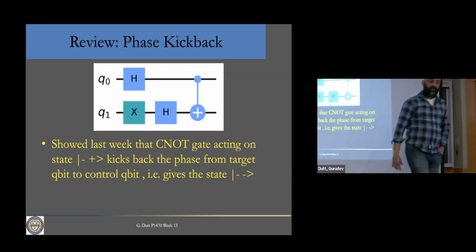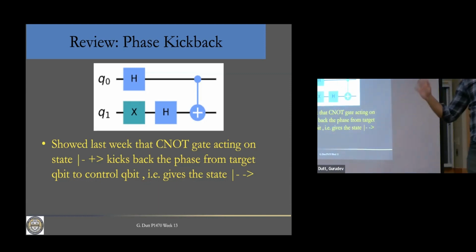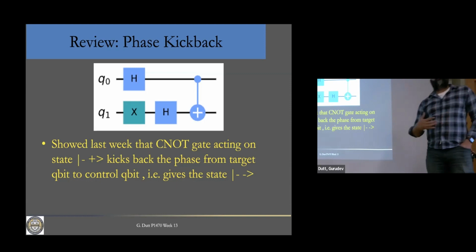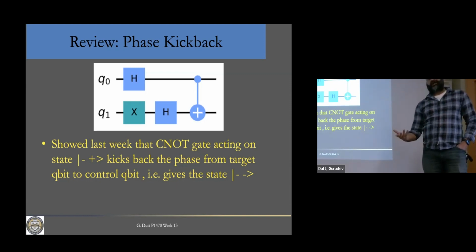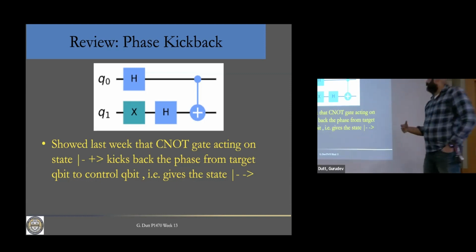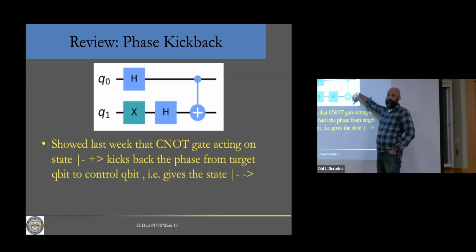And we proved this identity in the last class, so I won't discuss it again, but that's the basic idea. And this actually comes from another identity we proved quite a while ago when we were discussing gates, which has to do with interchanging the action of the control and the target.